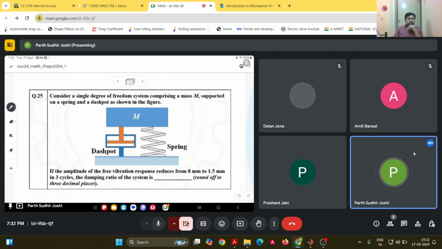Then we have to find out the damping ratio of the system. One can memorize formulae and directly use those, but for a person like me, I do not find it easy to memorize formulae. So how do you think we can solve this?